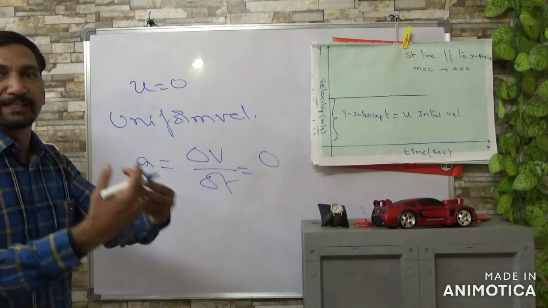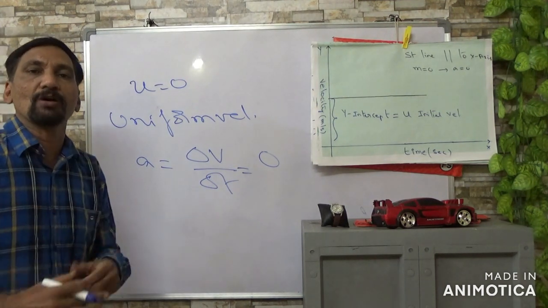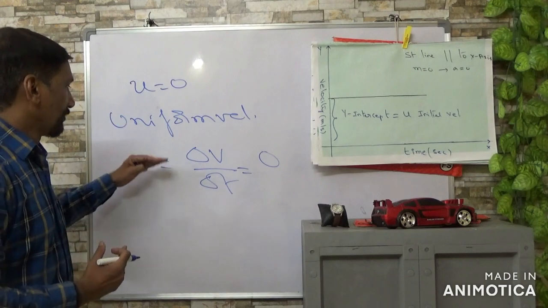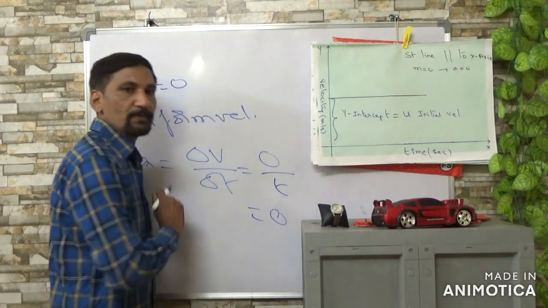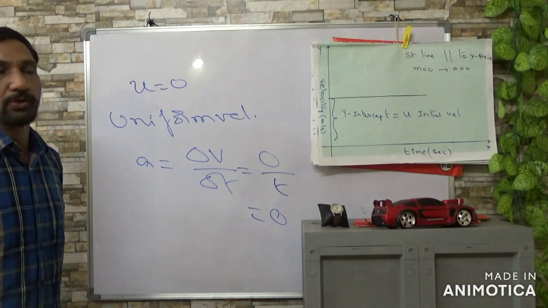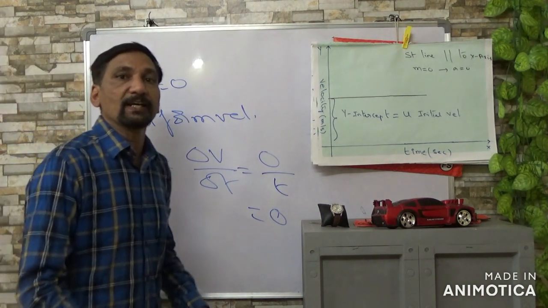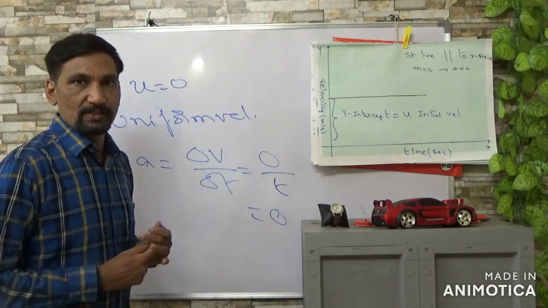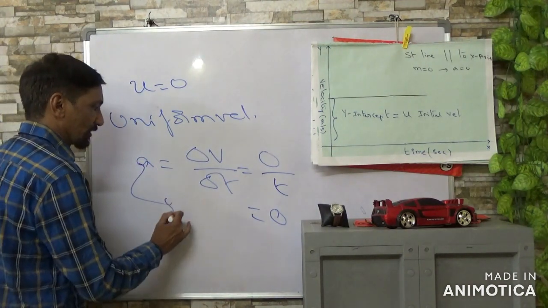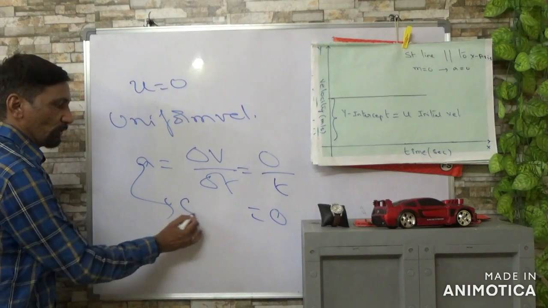Because acceleration means rate of change of velocity, final minus initial. So it is nothing but 0. Remember, whenever a body maintains uniform velocity, acceleration is 0.